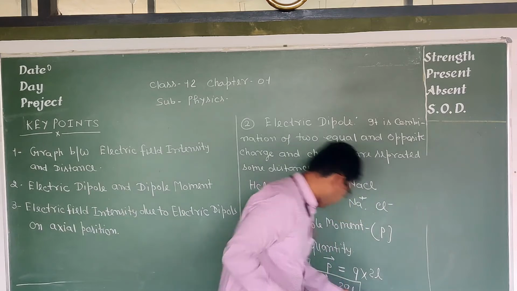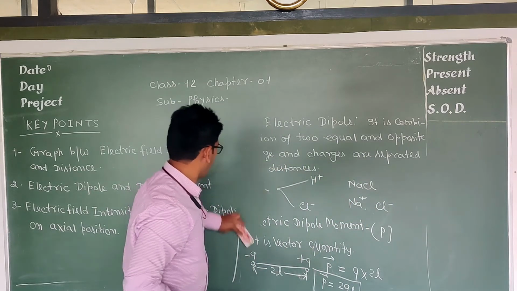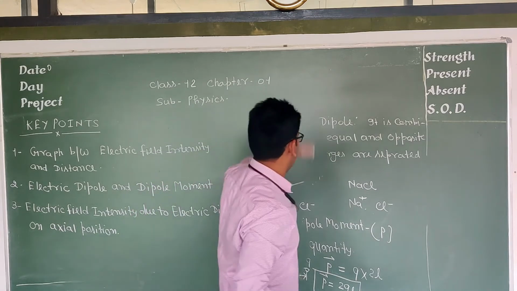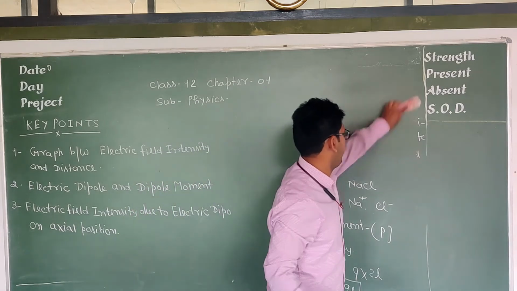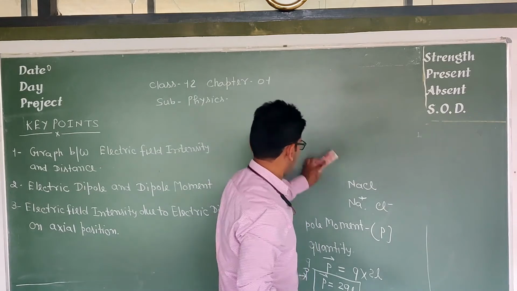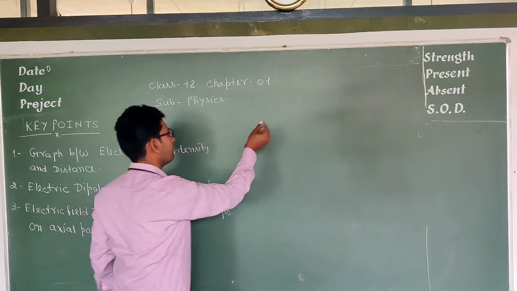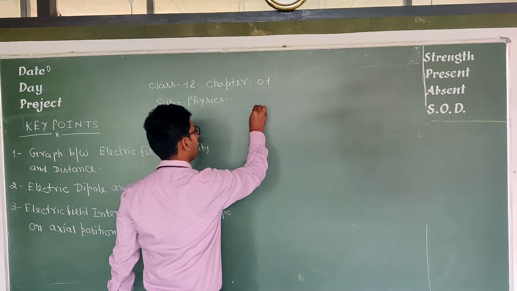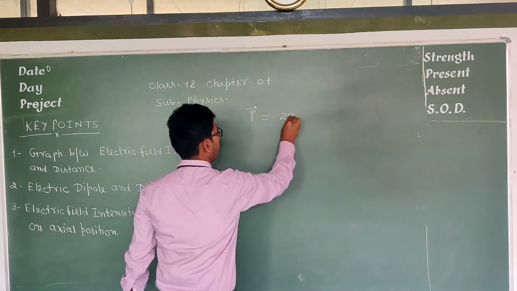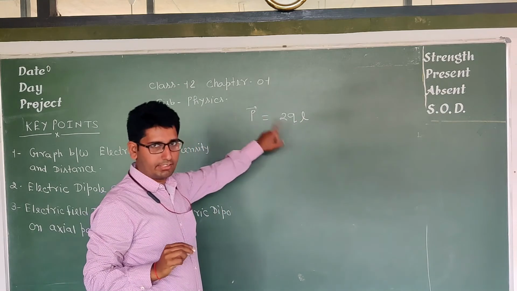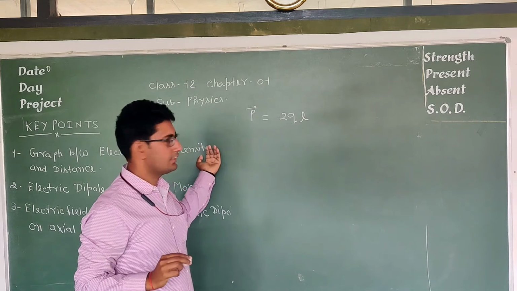And electric dipole moment P equal to 2QL. And P is a vector quantity, I have already discussed.